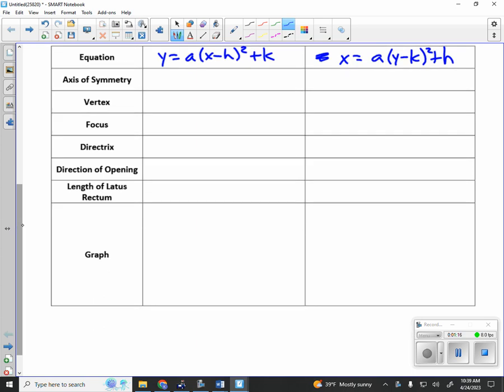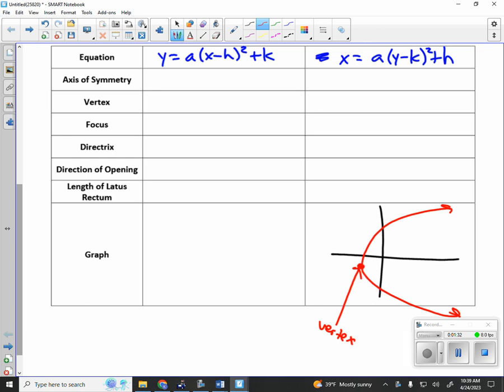If you graph a parabola horizontally, you notice that it can open up to the right or to the left. That spot right there, we call the vertex, and the vertex is located at (h, k) still.